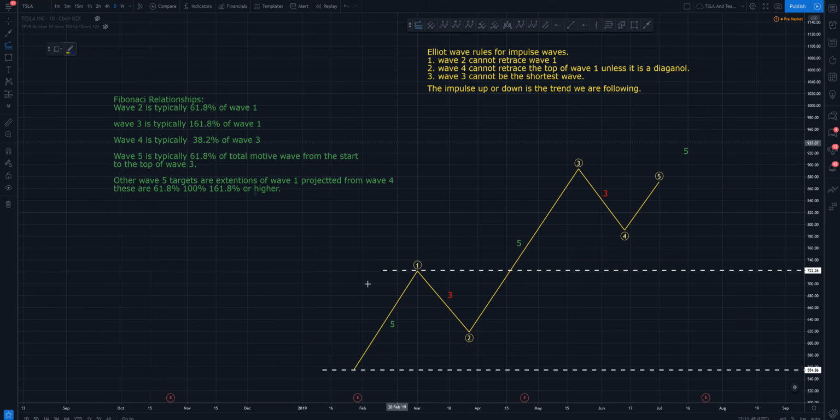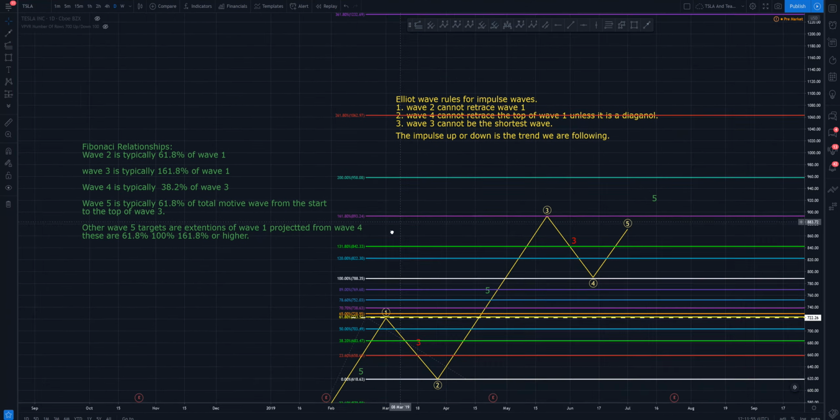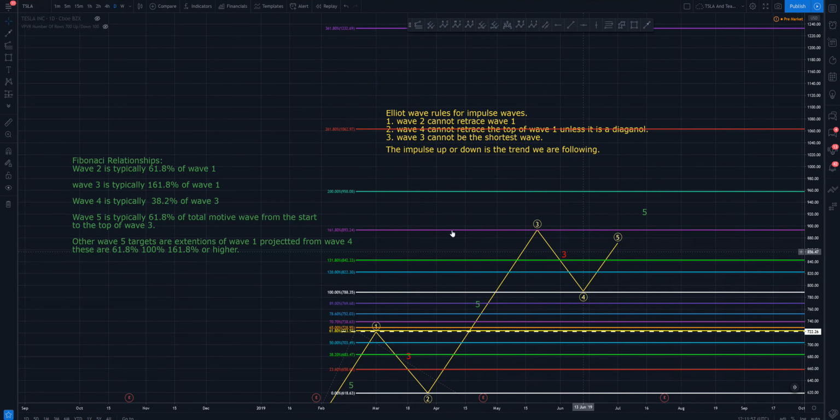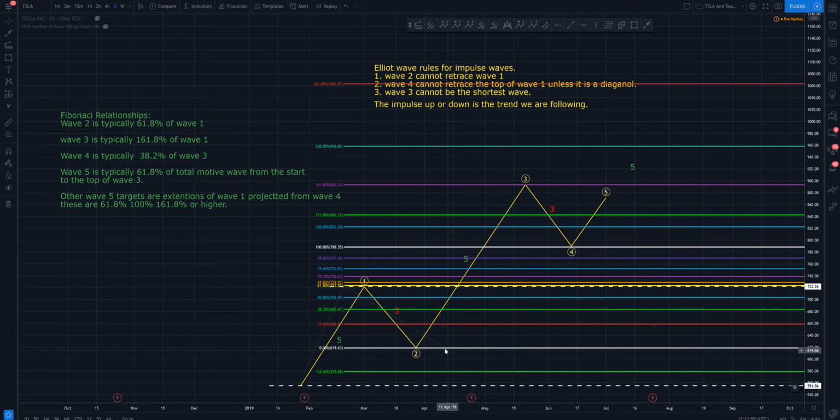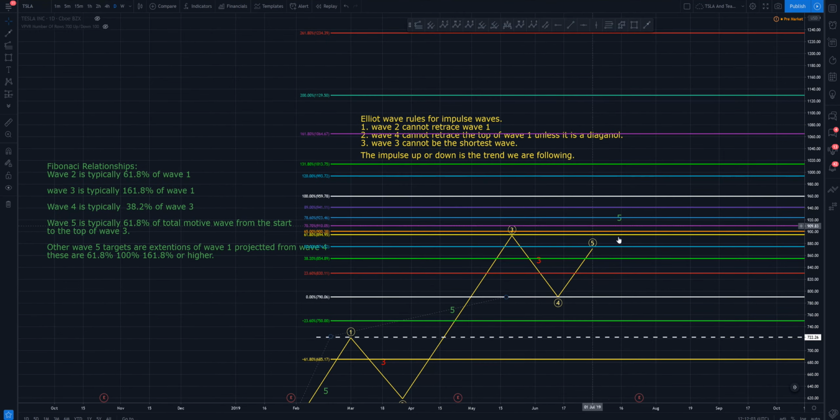So let's carry on and project our extensions from wave 1 for wave 5. Oh sorry, I've got this the wrong way around, extensions of wave 1 from wave 4, sorry. So we discussed other targets, the 100% of wave 1 and the 1.618.